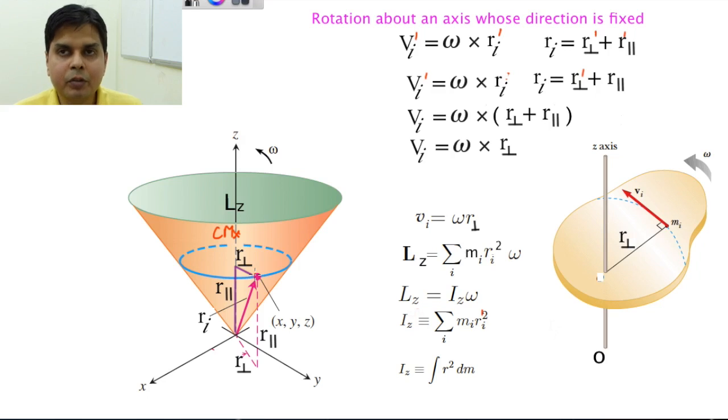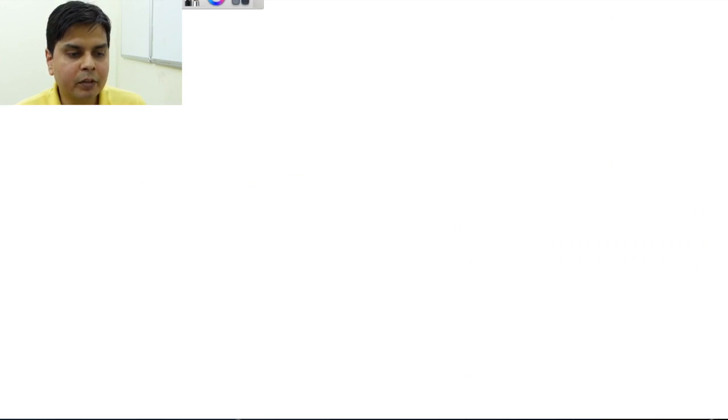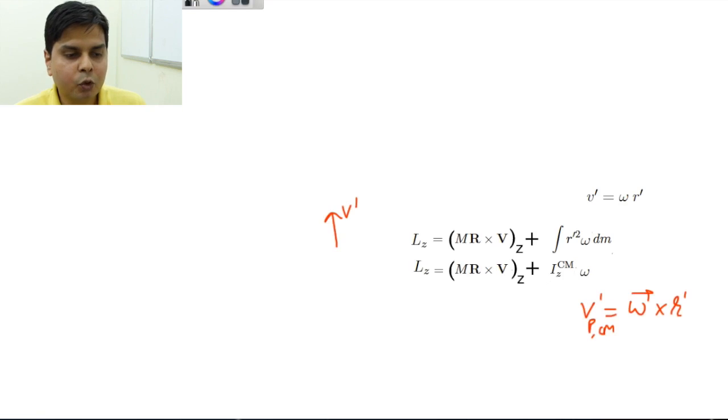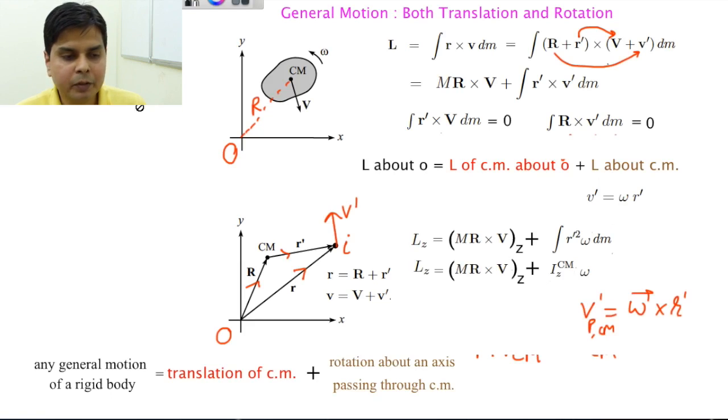So the whole sequence of steps which I had used for this derivation, the same thing I can use now also, when this body is assumed to be rotating about an axis passing through center of mass.